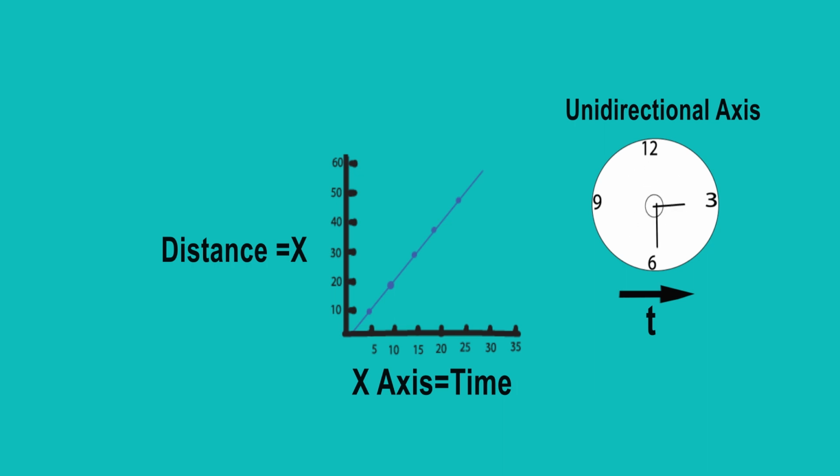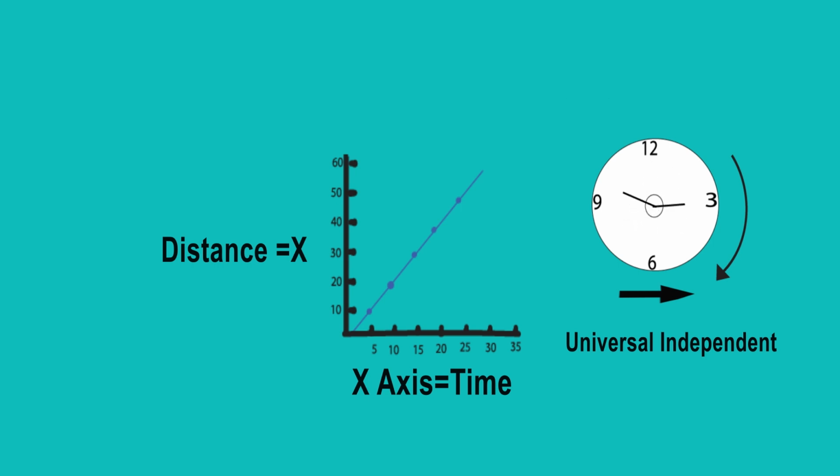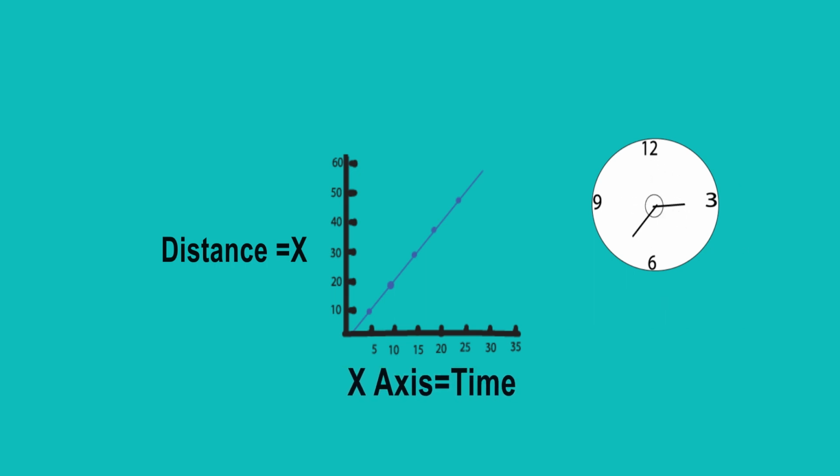Or in other words, it keeps on running in the forward or clockwise direction. So it becomes universally independent. Therefore, in most studies, time is plotted as the independent axis, not as the dependent one. Hence, it will occupy the x position, not either the y or z position.